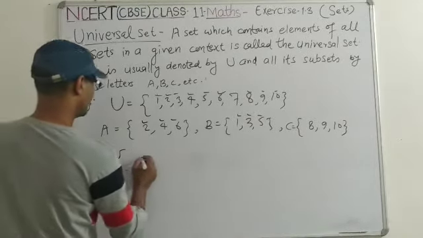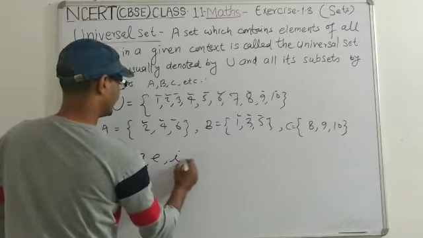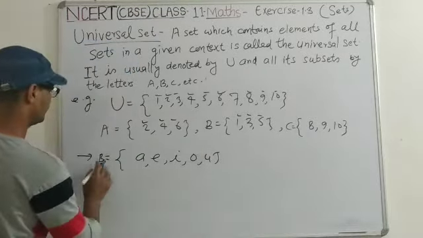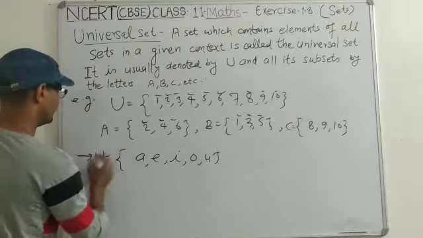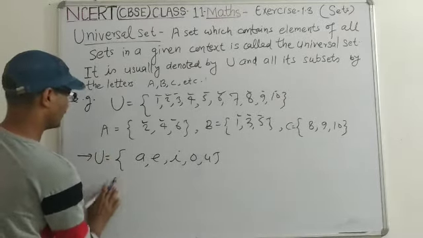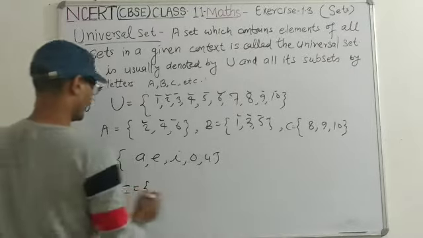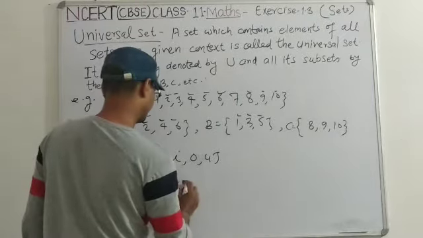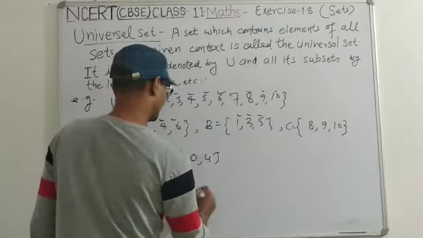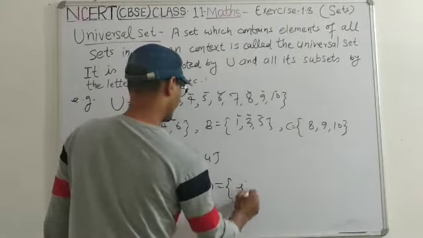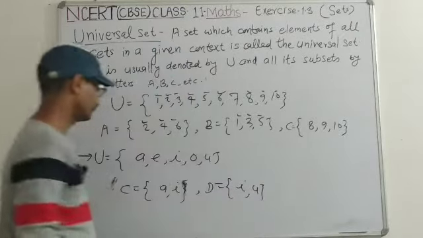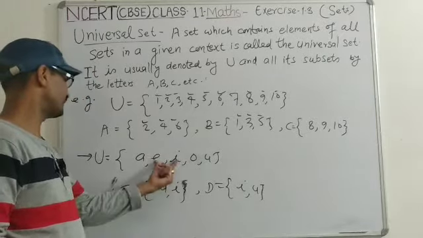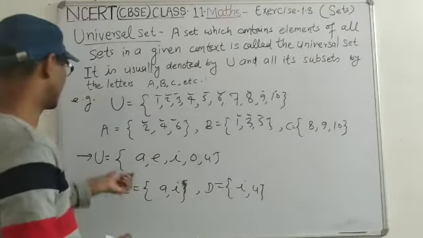Another example: one set is B equal to {A, E, I, O, U}. It is U. If one set is C equal to {A, I}, and set D is {I, U}, then all elements of C belong here. All elements of C and D are here, so what do we call it?